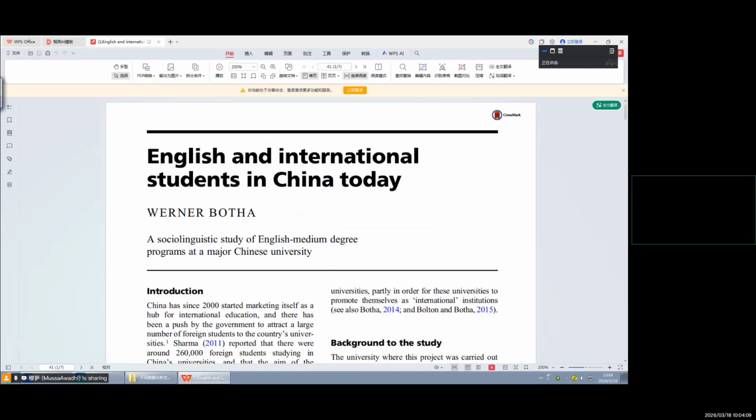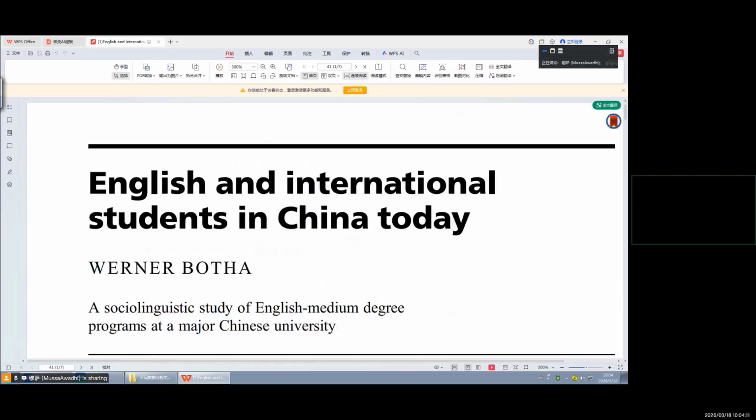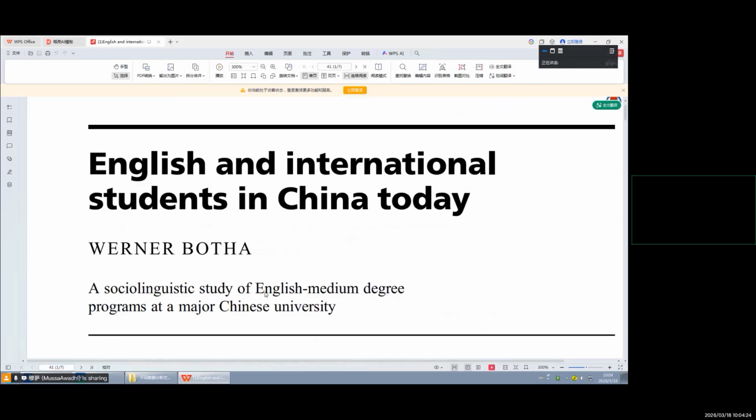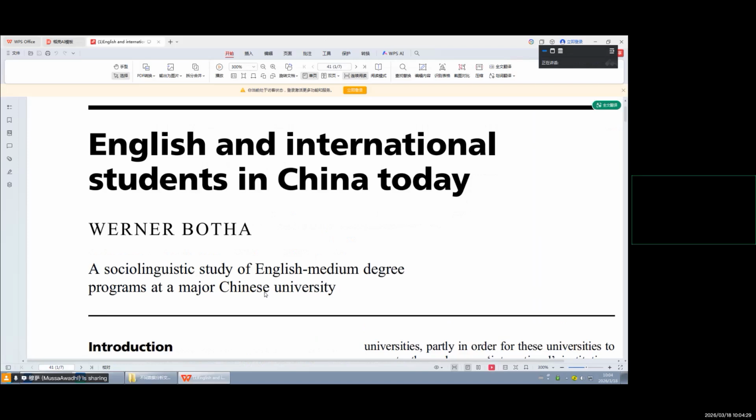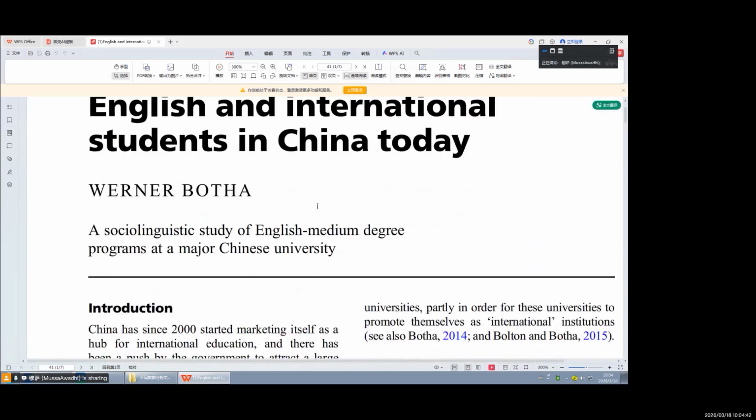You go through the article and see what quantitative data analysis is used in this study. This is about you because it's researching international students in China. It's not necessary for you to go through the details.